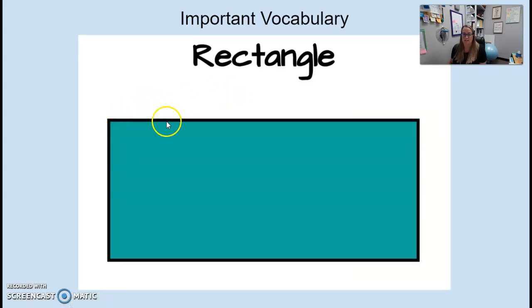Remember, a rectangle has 1, 2, 3, 4 sides. This side and this side have to be the same size, and this side and this side, or the top and the bottom, have to be the same size. And it also has 1, 2, 3, 4 vertices.